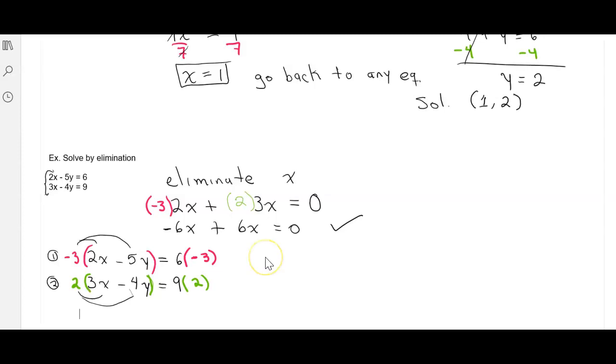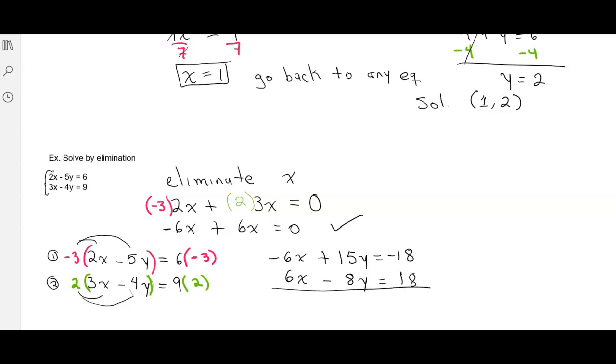-3 times +2x is going to give us -6x plus 15y equals, on this side, we get -18. On the other one, from equation 2, we're going to get +6x minus 8y equals 18.